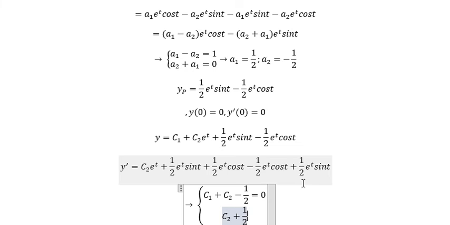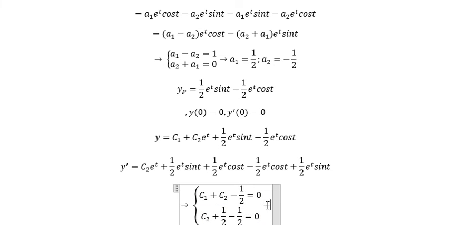This one you got about negative 1 over 2. And this one you got about 0. So we simplify everything. And now we got about C2 equal to number 0 and C1 equal to 1 over 2. And now we got the final answer.